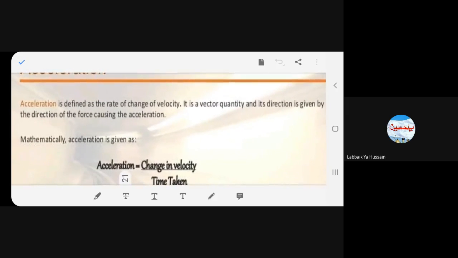Now, you have a vehicle. Do you have a vehicle? You want to speed up. You accelerate. Yes or no? In the car also we have got an accelerator, isn't it? We increase the speed. If you are driving, if you are riding a bicycle also, if you increase the speed, that means we are accelerating.